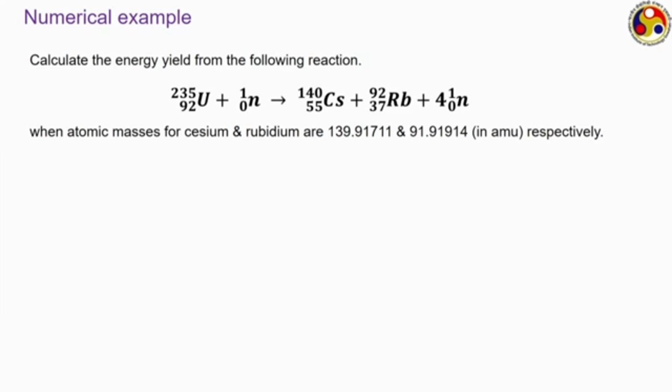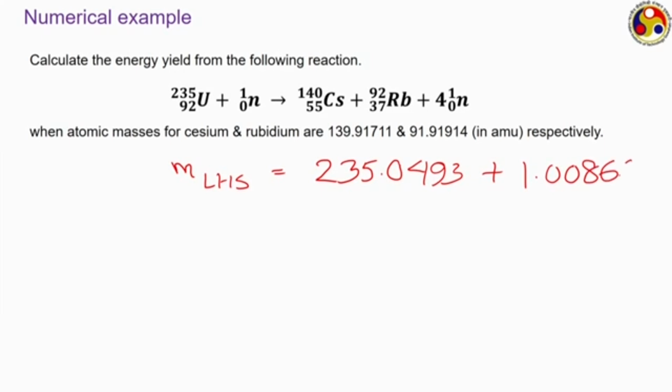So, the mass on the left hand side will be equal to the mass of the uranium, 235.0493, plus the mass of the neutron, which is 1.008665, all in AMUs.